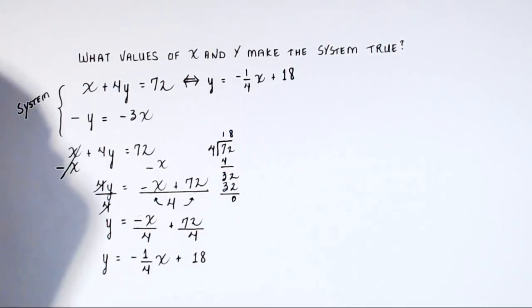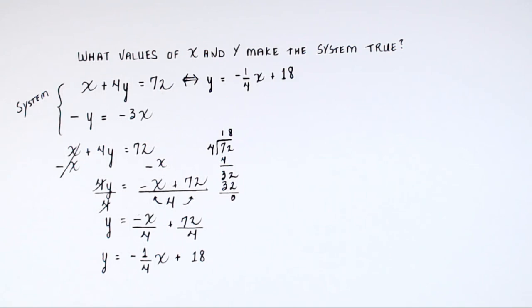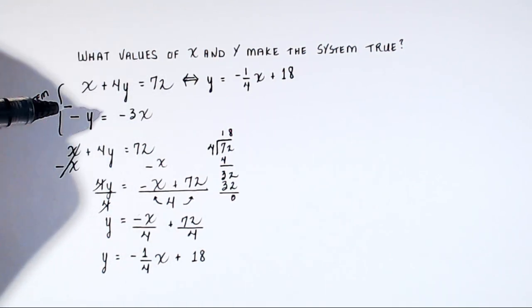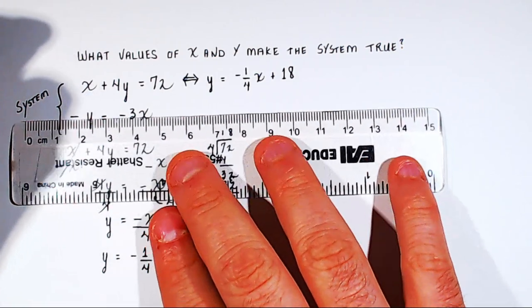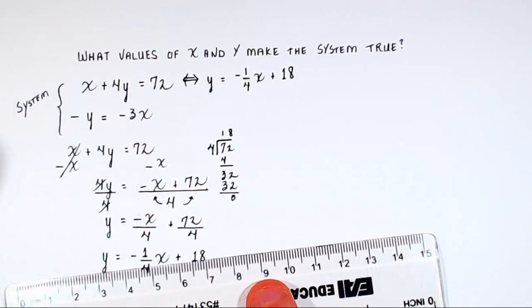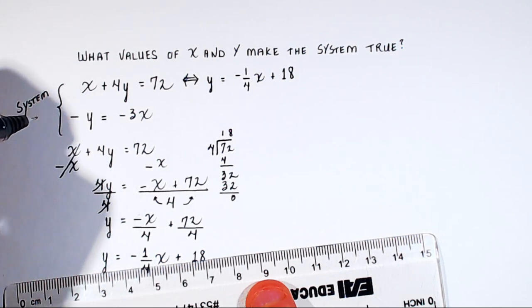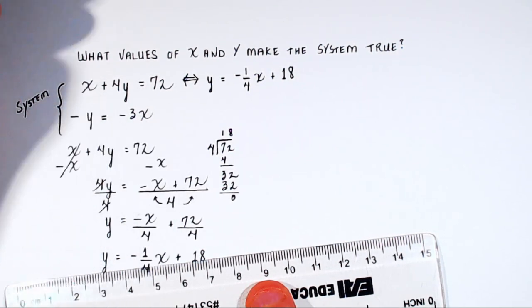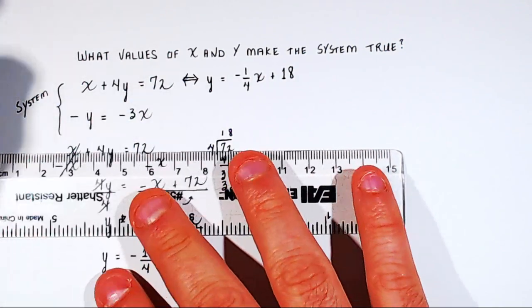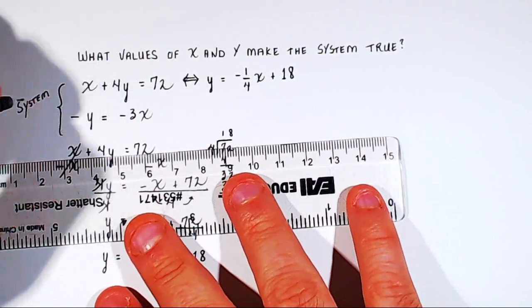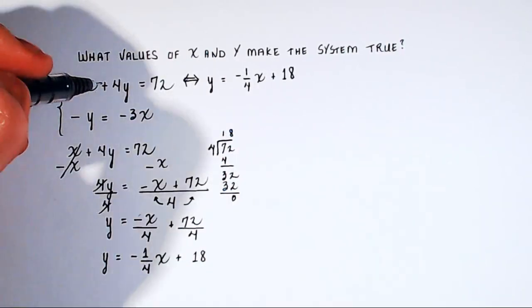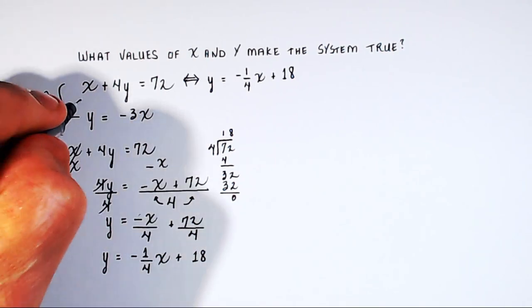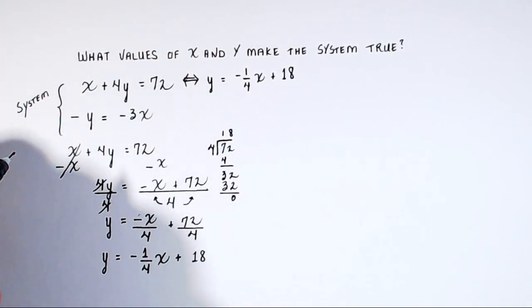Now it's time to work with this guy here. Now this is actually quite easy because we want y by itself, right? We have negative y equals negative 3x. Remember, I can just cancel these minus signs out. It's essentially like multiplying or dividing both sides by negative 1, because this is really negative 1y. If I divide both sides by negative 1, I'll get 3x on the right.